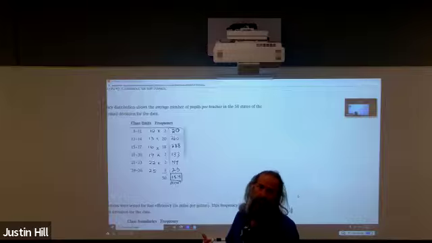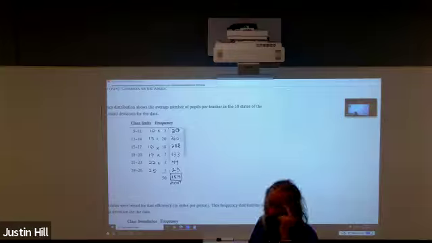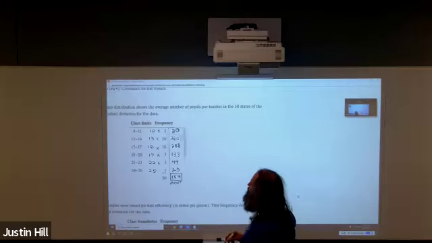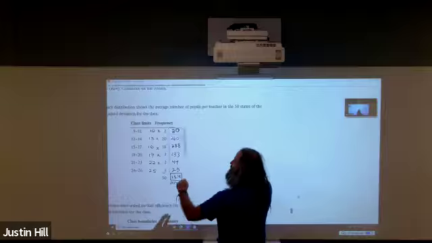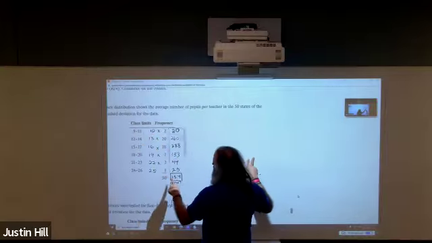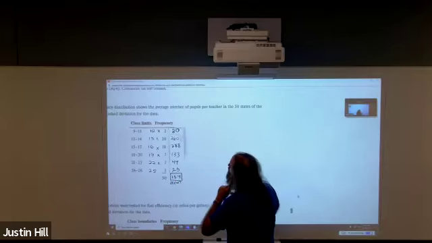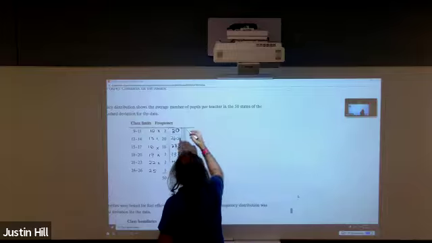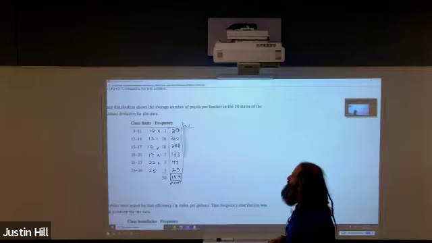It gets us close to whatever the real answer would have been if we had all 50 bits of data. So for each of these midpoints, I'm going to see how far they are away from 15.4. I guess let's draw some lines. I'm going to have a column of my deviations.